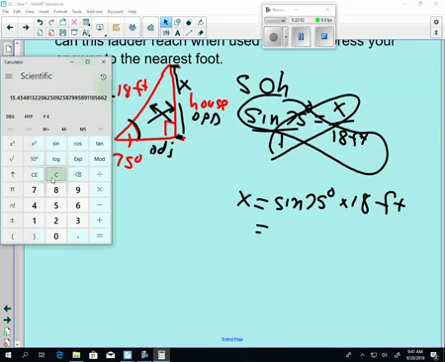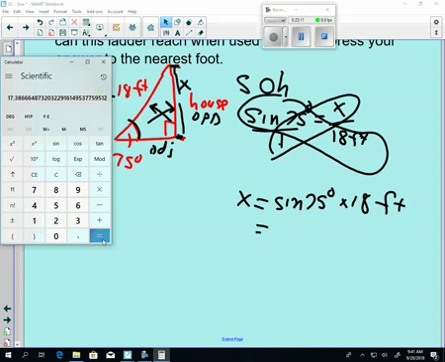Just going to clear it. Okay, so 75 degrees sine. That's my sine fraction there. Multiply it by 18, equals.